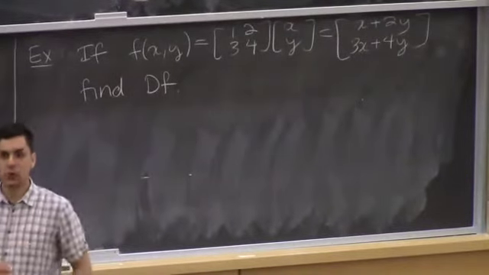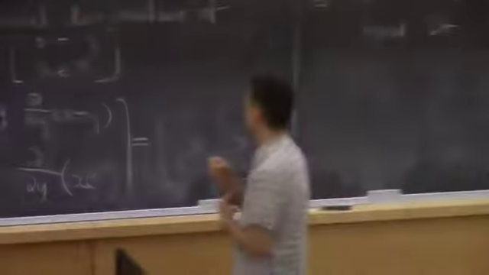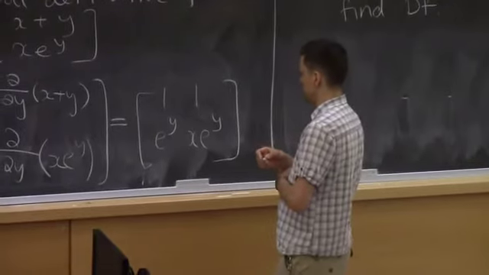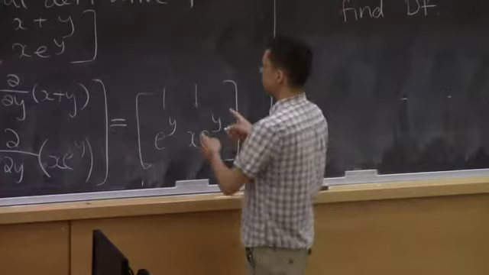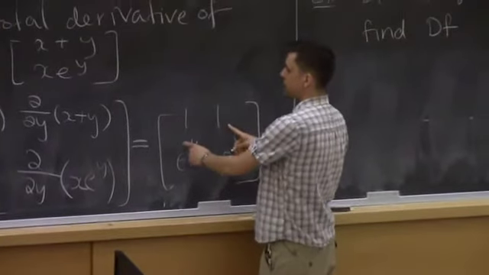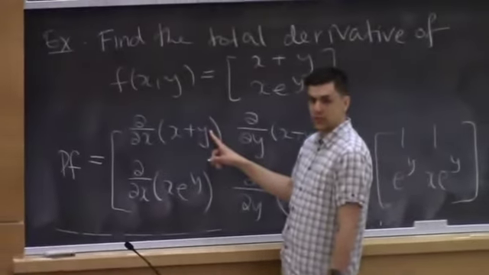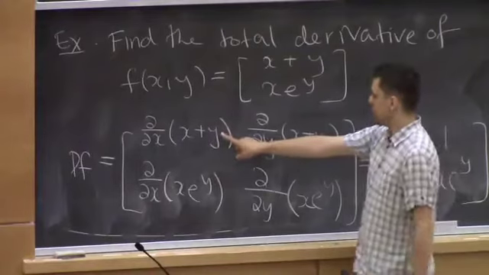find the total derivative. Yeah, sure. This one's just from the first example. Shouldn't the top part be y and then the other one should be x? Yeah, so I take the derivative of these two guys. I treat y as though it was a constant. So this guy, he's going to go away.